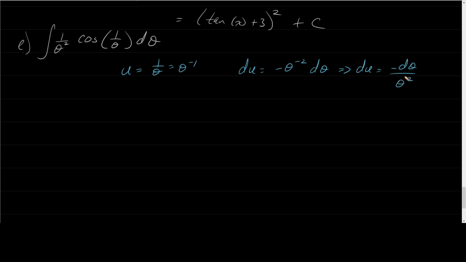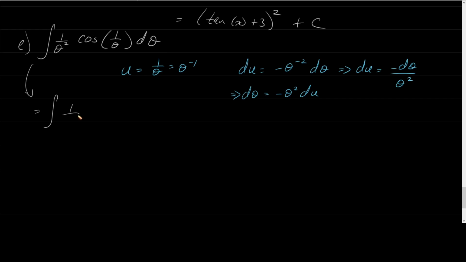So because of that, if I solve for d theta, that tells me now that d theta is equal to negative theta squared du. All right. So now, this integral over here, we're going to say this becomes the integral of 1 over theta squared. That was not what I used for my substitution.